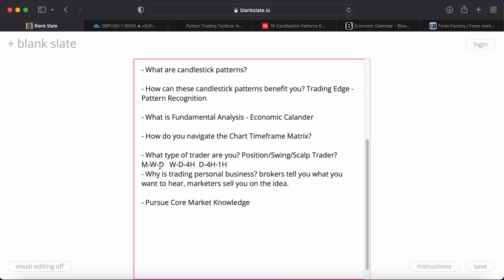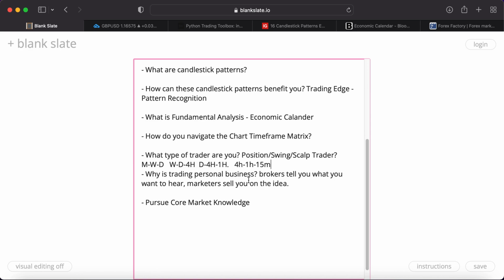So what are you? Are you going to be a position trader? Are you going to swing trade? Or are you going to try to scalp trade, where you're just trying to find points of interest intraday? And a lot of people will even say, is this scalp trading? So 4 hour, 1 hour, and then the 15 minutes.